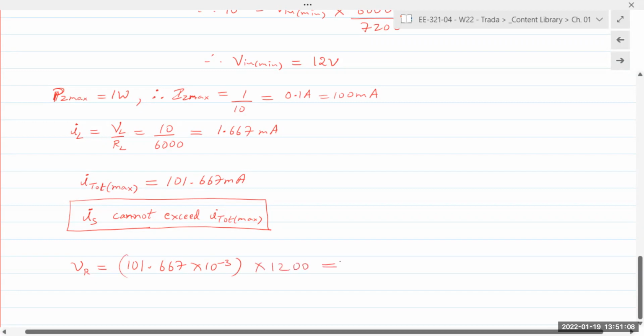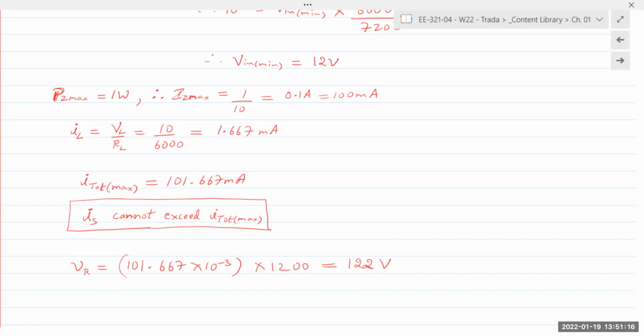That comes out to be 122 volts. The maximum voltage drop that can occur across that 1200 ohm resistor is 122 volts.